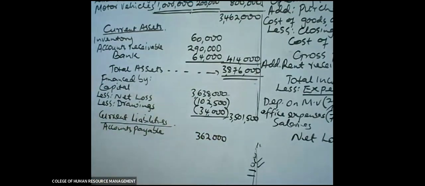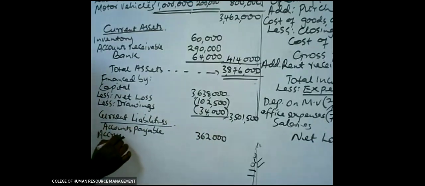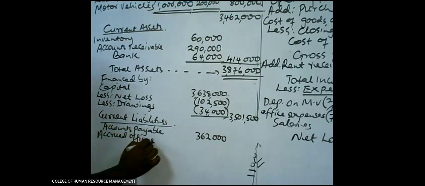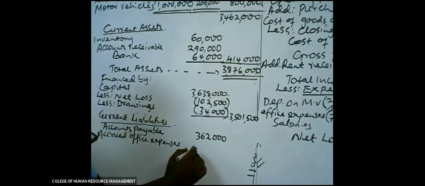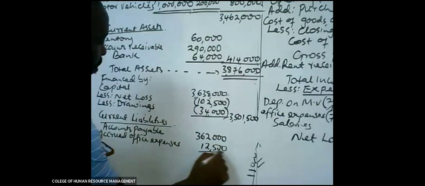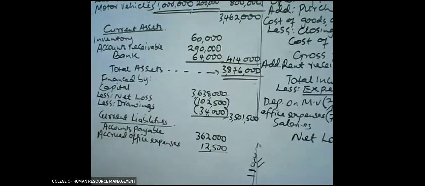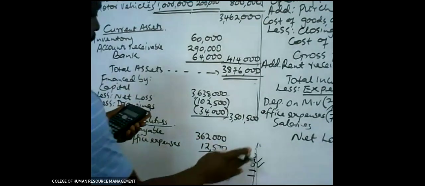Then there are accrued office expenses, an amount yet to be paid, 12,500. So 362,000 plus 12,500 gives 374,500.